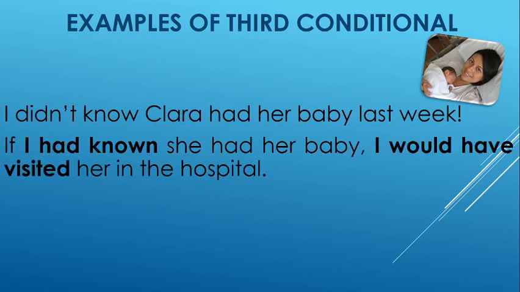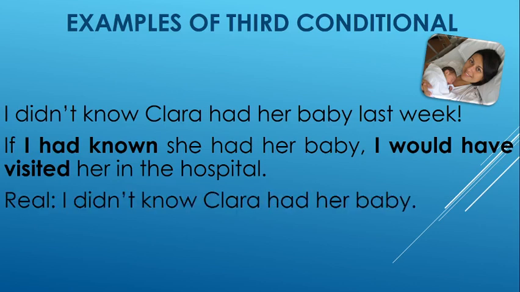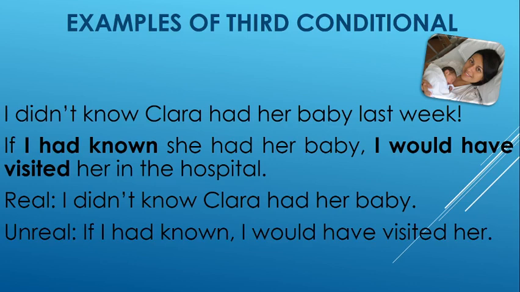If I had known she had her baby, I would have visited her in the hospital. But the real situation is that I didn't know Clara had her baby. And the unreal is if I had known, I would have visited her. But I didn't go to visit Clara in the hospital because I didn't know she had her baby, right? That's the real situation.